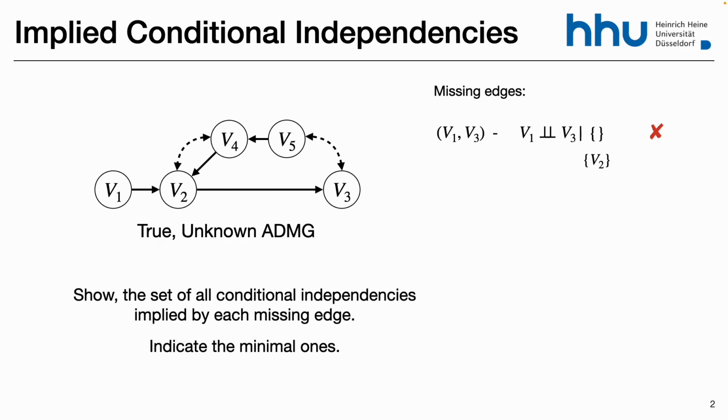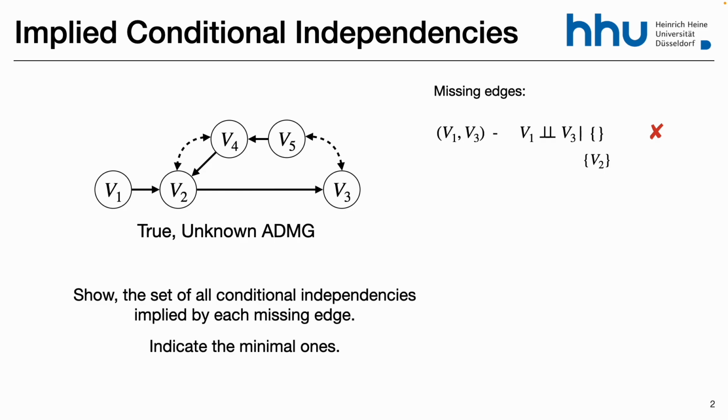So how many paths are open when you condition on V2? When you condition on V2, which path between V1 and V3 is open? V1, V2, maybe. And then it depends on V4, V5, V3. That's a path, right?